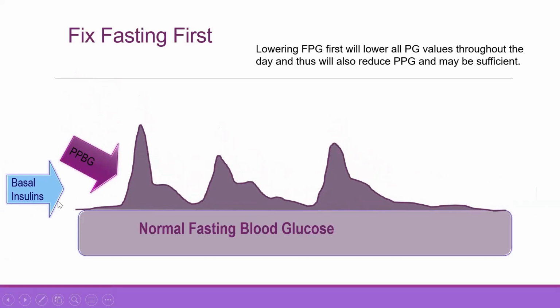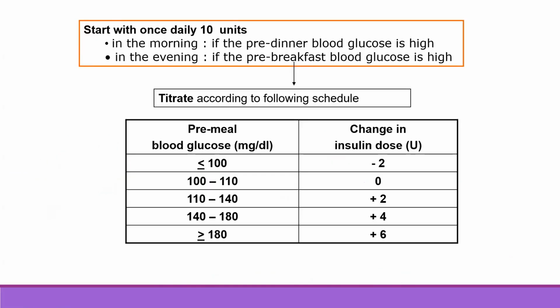Because the basal insulin reduces the glucose concentration throughout the 24 hours, we expect a significant drop in the postprandial plasma glucose also with the use of the basal insulin only. So hence, try to fix the fasting first. That should be our approach as far as the insulin therapy is concerned.